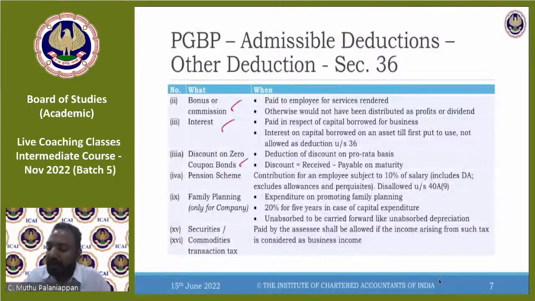So what do they say? Deduction of discount on pro rata basis. The company says, I'm not giving you at 100, I'm giving you at 96. So for the company which is issuing the bond, the 4 rupees is a discount. This 4 rupees will be claimed as a deduction over the period of the bond.